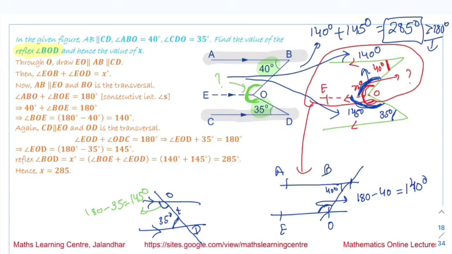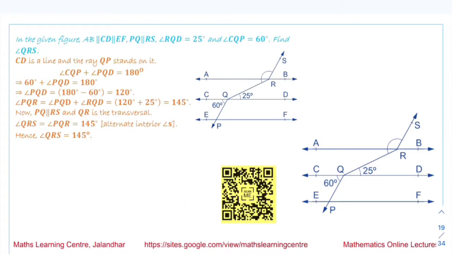Now in the next figure we are given that AB is parallel to CD is parallel to EF. These three lines are parallel to each other. Parallel lines we represent like this, you can draw the arrow here. Next, it is given that we have two lines PQ and RS, and these two lines are also parallel to each other.